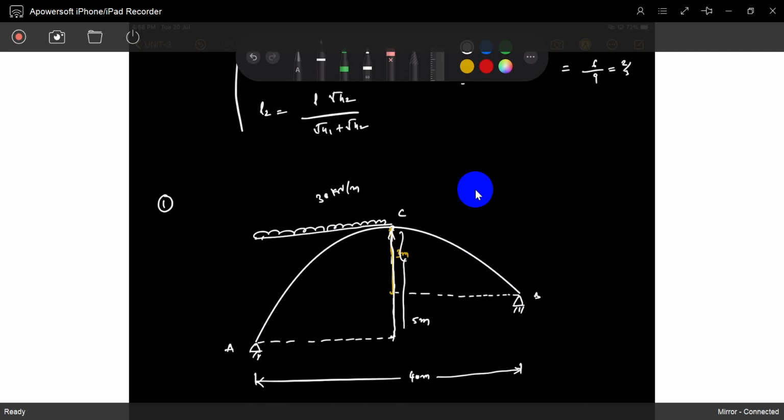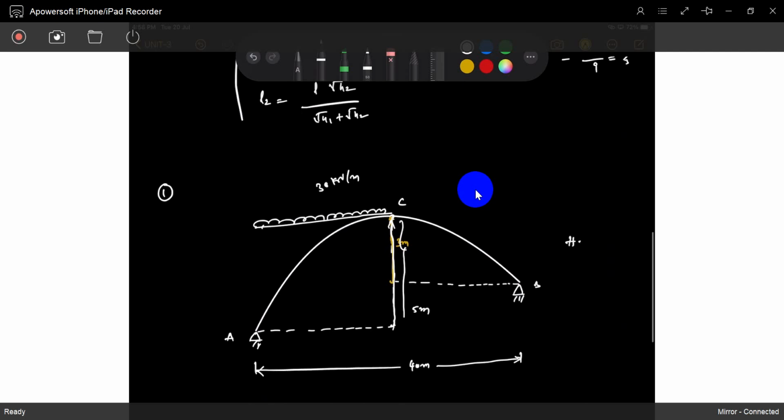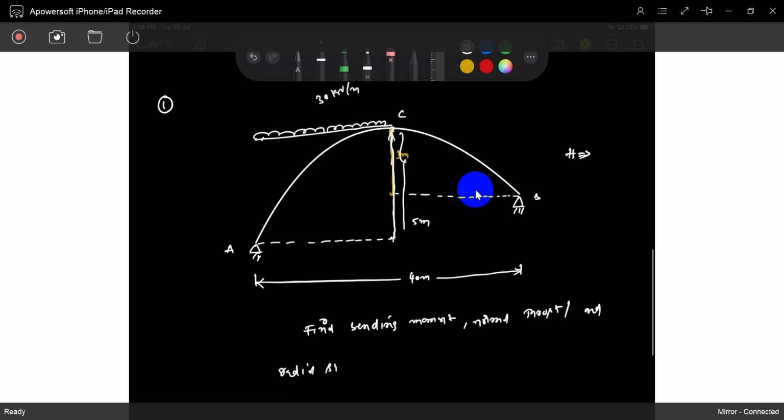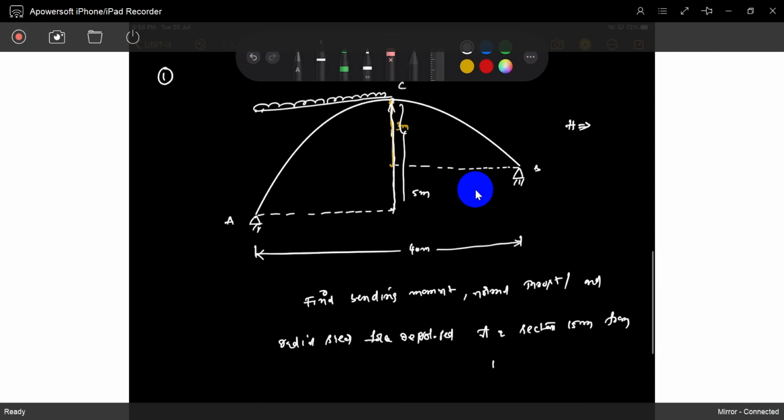He is asking for the horizontal thrust, so find the H value, and also find the bending moment, normal thrust, and radial shear force developed at a section 15 meters from the left support.